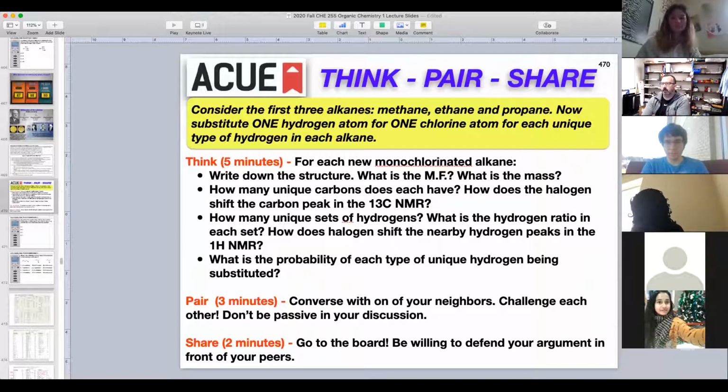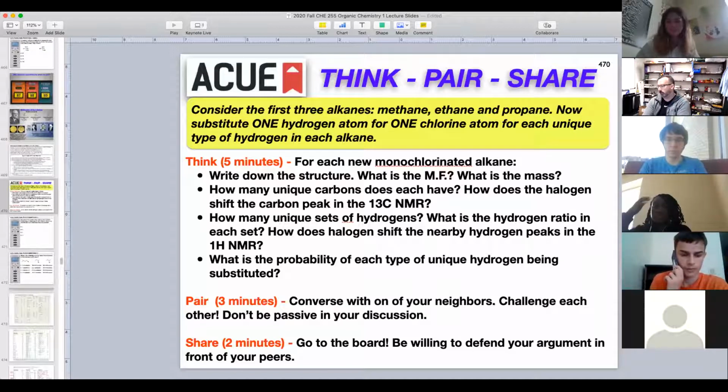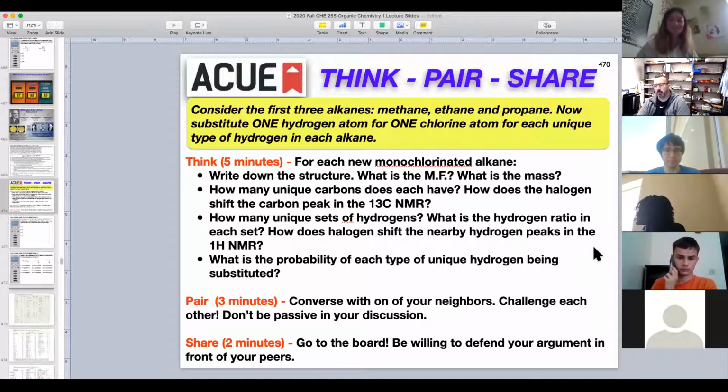Aiden wrote down the mass for one isotope of chlorine. What would be the mass if we considered the other isotope as well? Remember, chlorine has a natural abundance of 3 to 1 of 35 to 37. So you're going to observe that in the parent region.